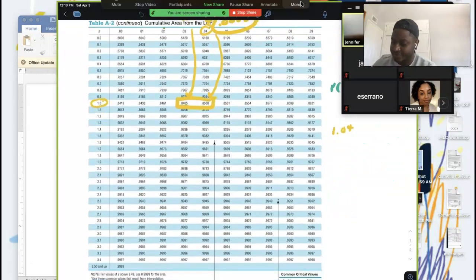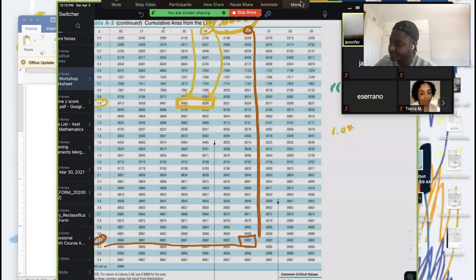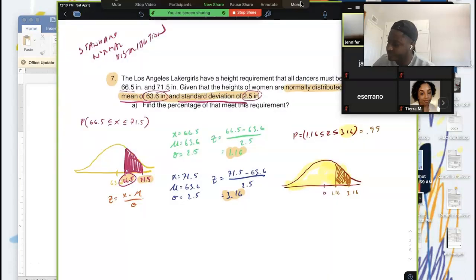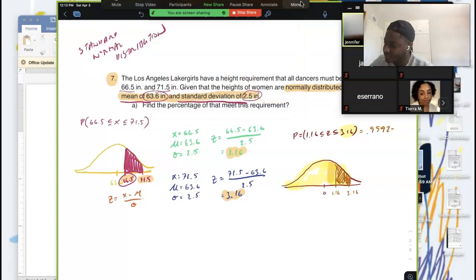For 3.16, you go 3.1 and then 0.6, which gives 0.9992. Then you subtract out the part that we don't want, from 1.16 over.